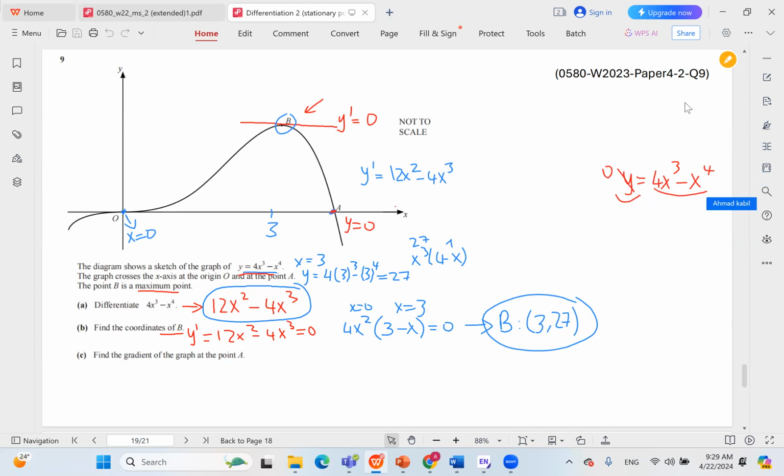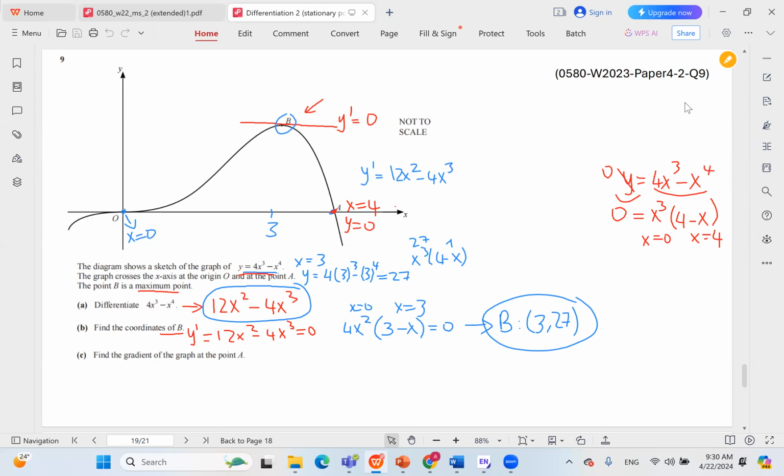You can factorize this. You can take x power 3 as a common factor, and you are left with 4 minus x, and this is equal to 0 here. So either x equals 0 or x equals 4. Obviously, point A, using the same logic as point B, we can tell here that point A has a value of x equals 4, not x equals 0.